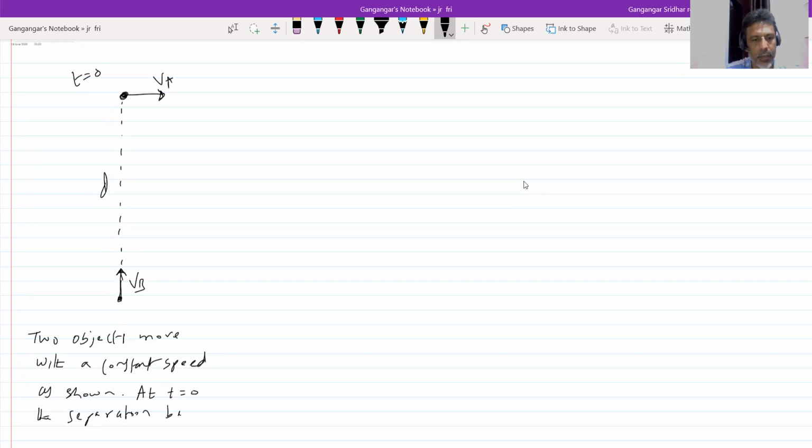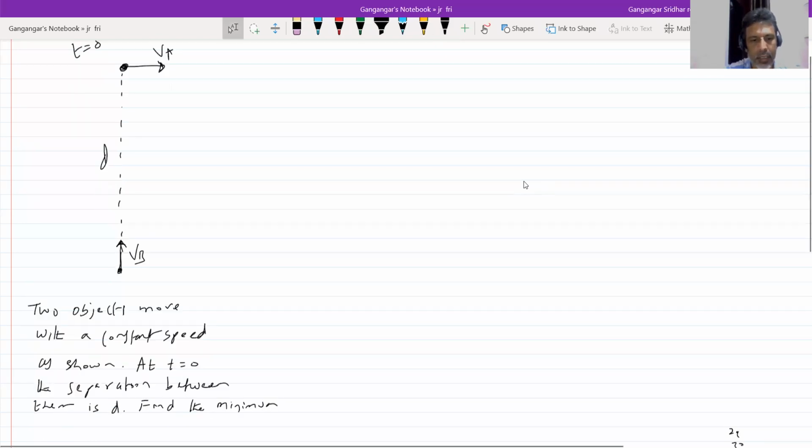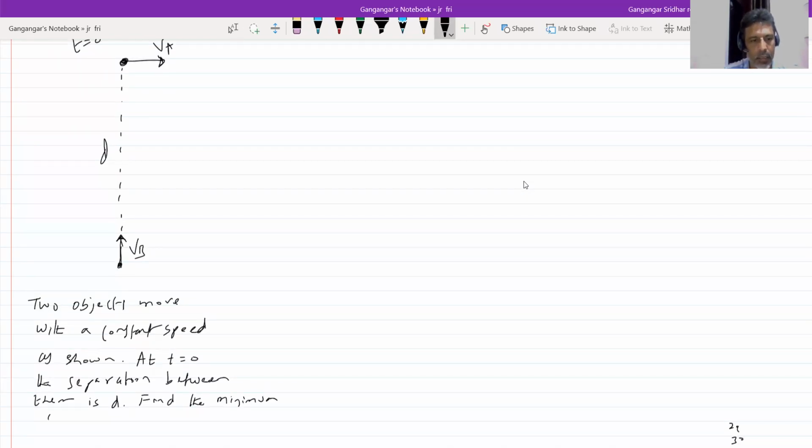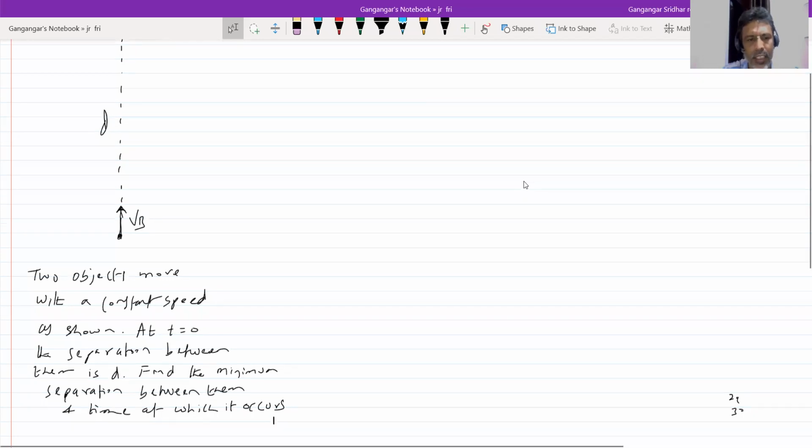And the separation between them is D. Find the minimum separation between them and the time at which it occurs.